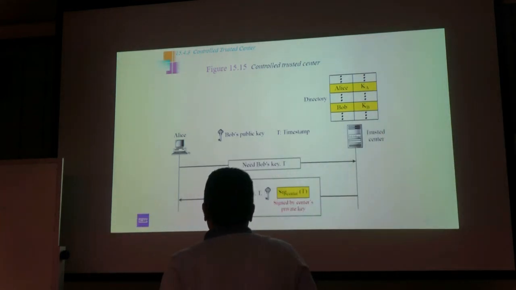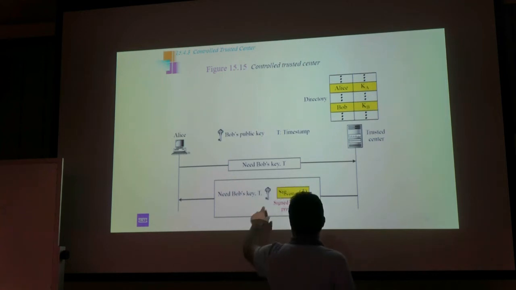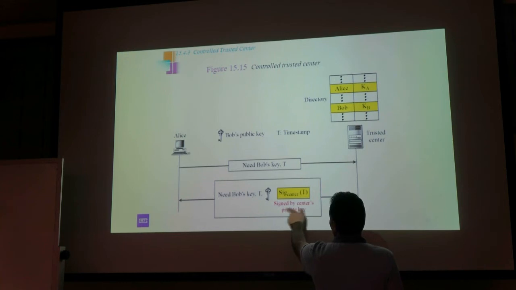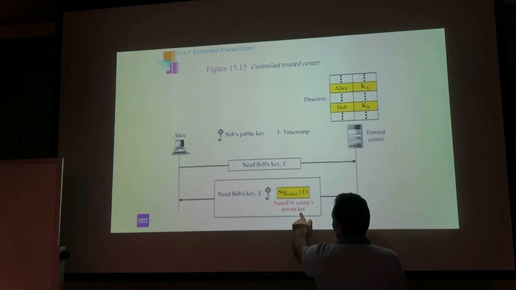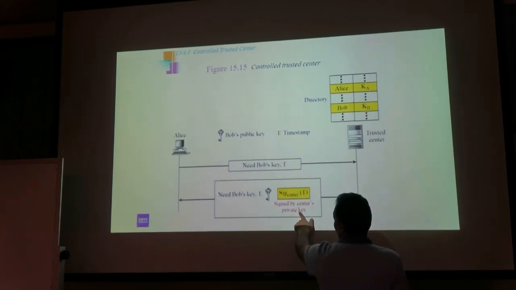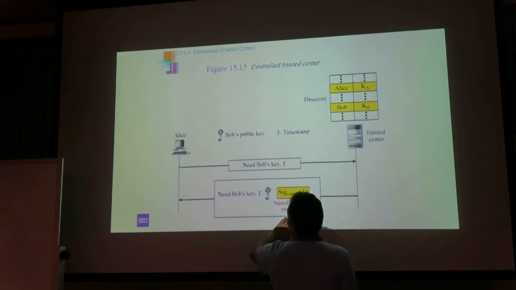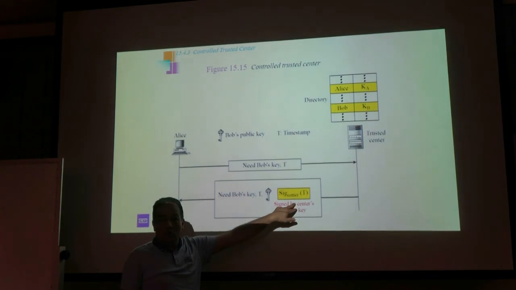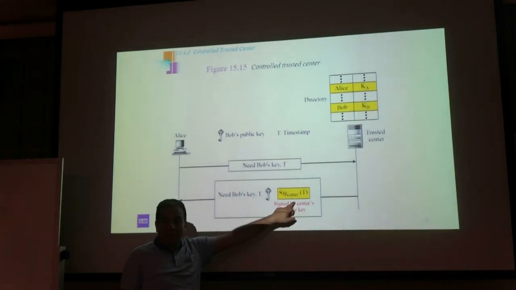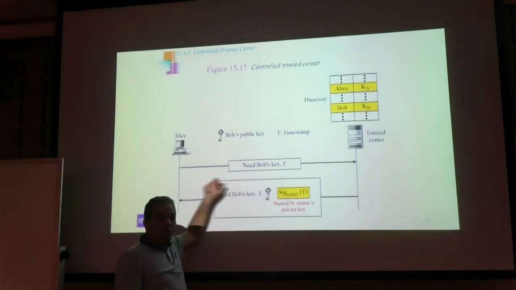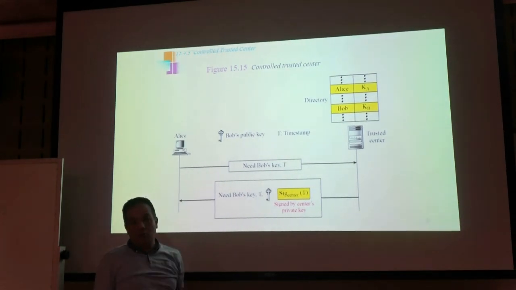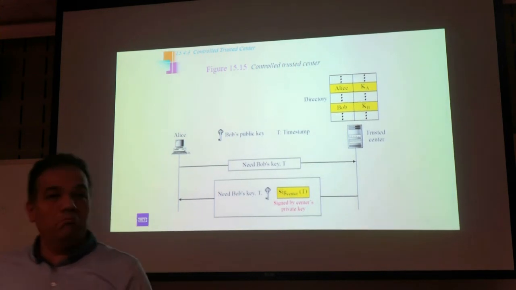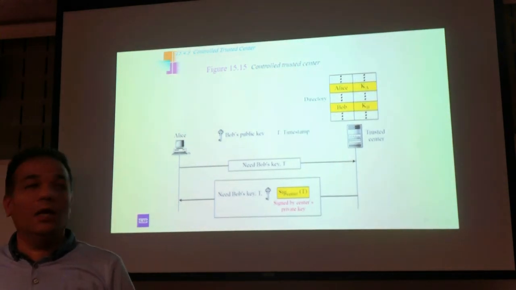So we have here the public key, with the timestamp, signed by the center's private key, and it will be sent to Alice. Can Alice verify the signature? Yes, because it's signed by the private key of the center. Just use the public key of the center, verify the signature, and you have it. Very simple, very elegant.